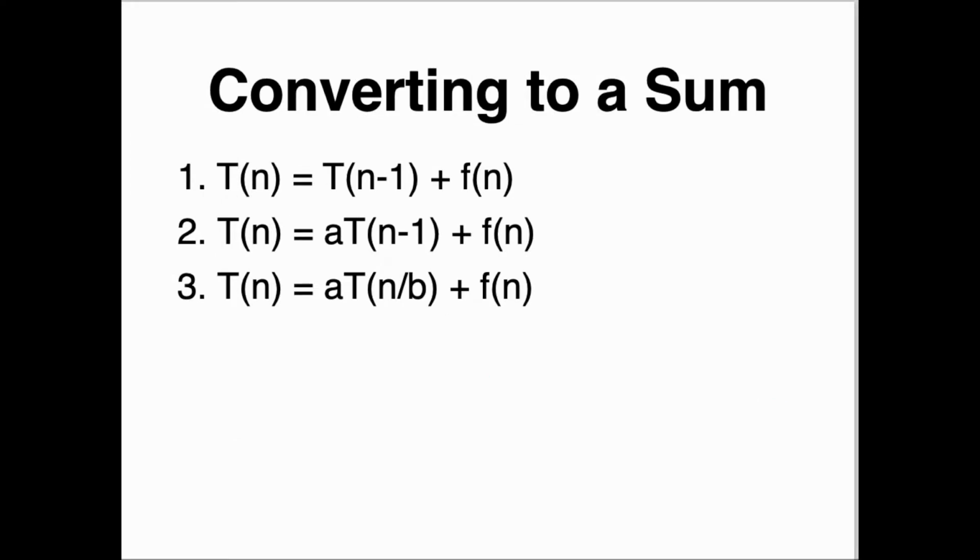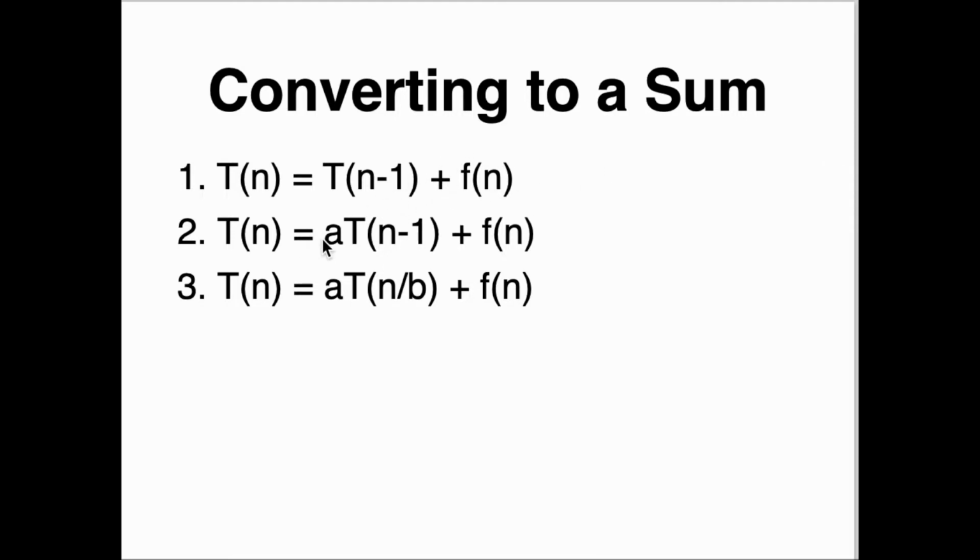The second method that we will introduce is converting a recurrence relation to a corresponding summation. We are only interested in these three types of recurrence relation form. The first one is when we have a recurrence relation na ang size of the input is n minus 1 plus some function.